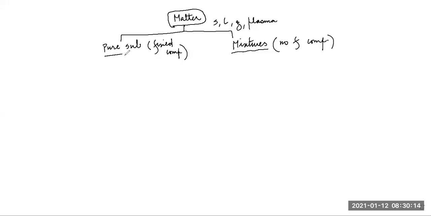The concept of purity here in chemistry is different from the word purity we normally use in our home. For example, when our mother wants to say that milk is not pure, what she means by that is either the milk is mixed with water or maybe buffalo milk is mixed with cow's milk.